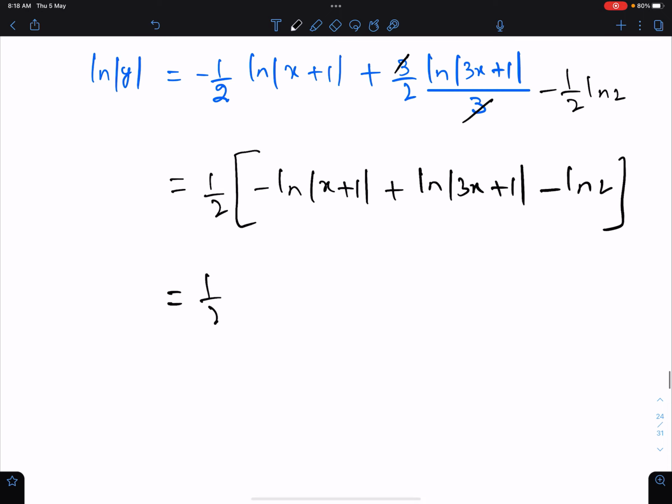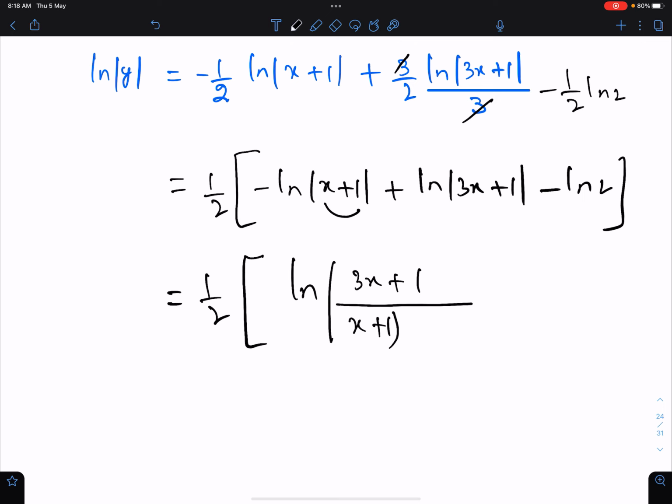So by using product and quotient laws, here we have ln of 3x plus 1 over x plus 1 times 2.